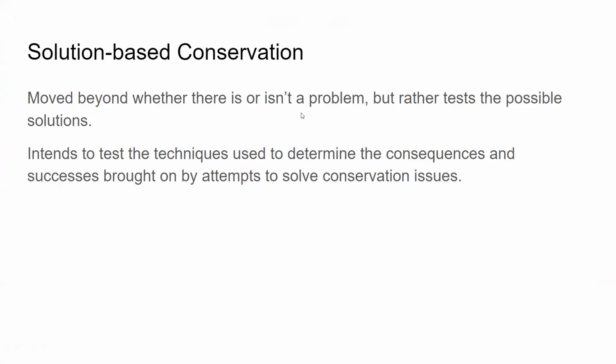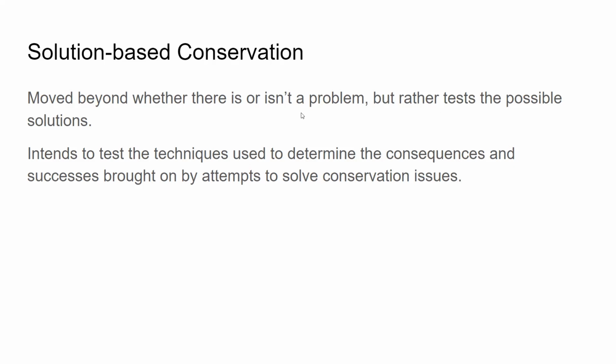All right, I'm going to be talking about the solution-based conservation part of this paper. So as we discussed, the problems have been more than looked into. There's a lot of research done in the first 20 or so years of this conservation research that they have started moving forward with these solution-based methods and doing research on how successful they are and what kind of consequences there are for their actions, what their solutions are.